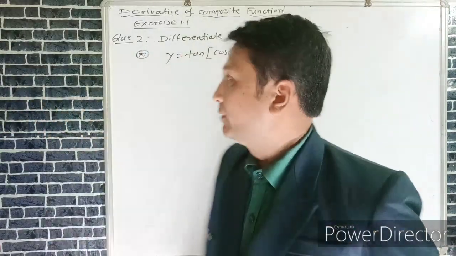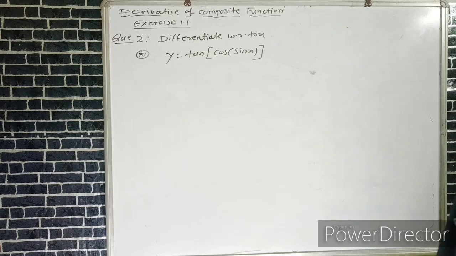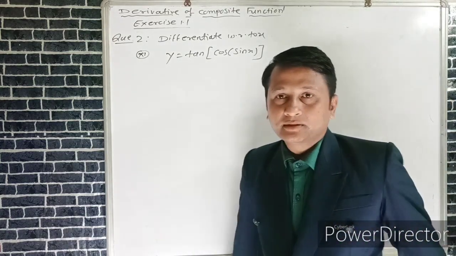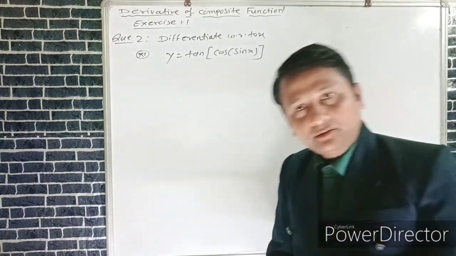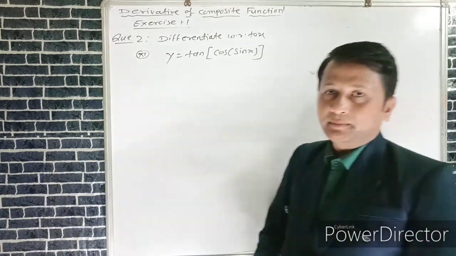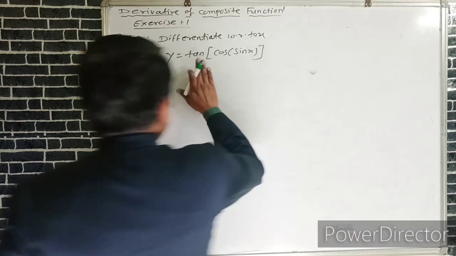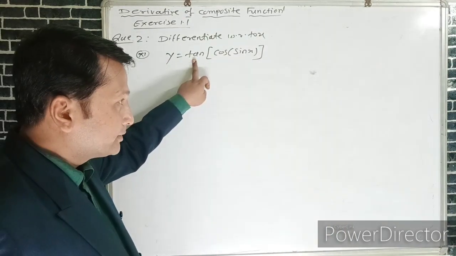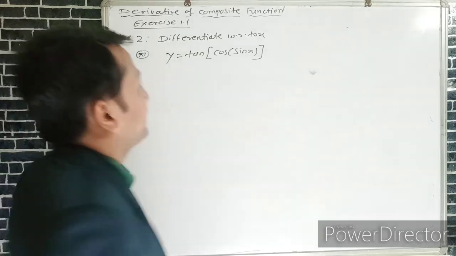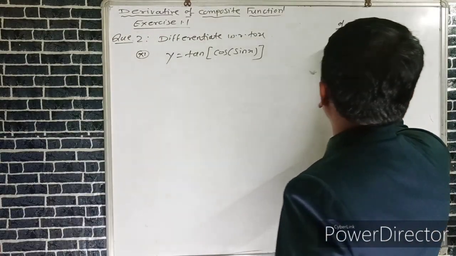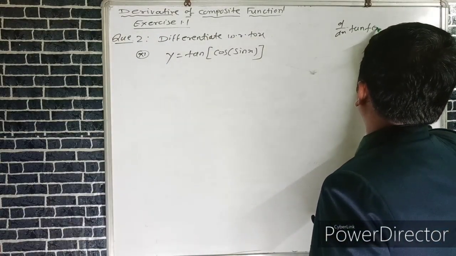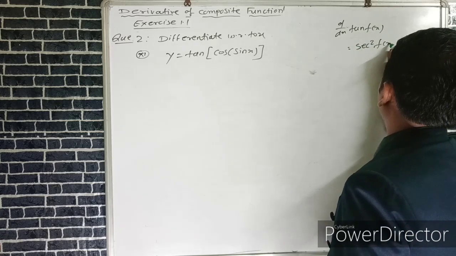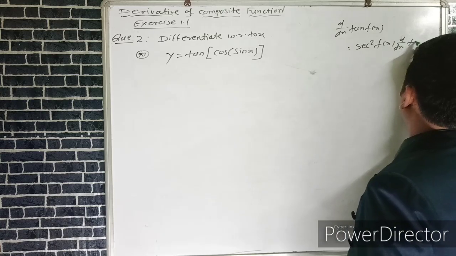Next example, y is equal to tan of cos of sin x. This is also a composite function. If we differentiate, again derivative of y is dy by dx. This function is in the form of tan x, and we apply here the derivative of tan of f of x, then we get the derivative of tan x means sec square of f of x into again derivative of f of x.